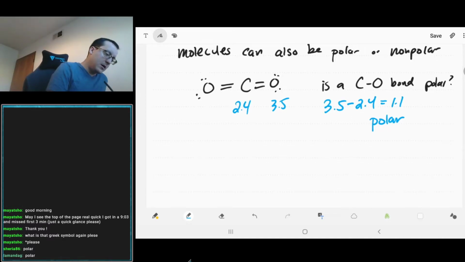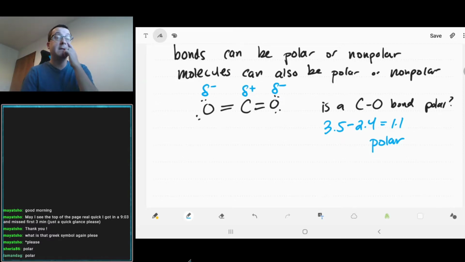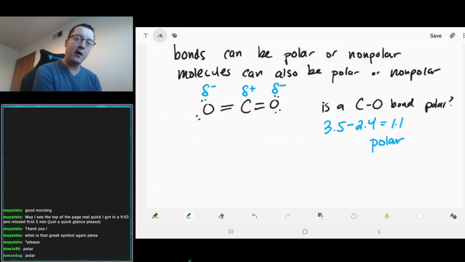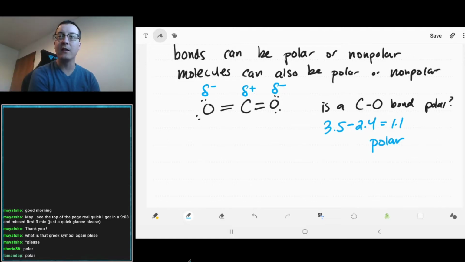And so I'm just going to go ahead and erase these numbers just so I have a little bit more room. Remember that the more electronegative element is going to have the partial negative charge, and the less electronegative one will have the partial positive. What we can see here, however, is we have an oxygen pulling carbon's electrons from the left, and we have an oxygen pulling carbon's electrons from the right.